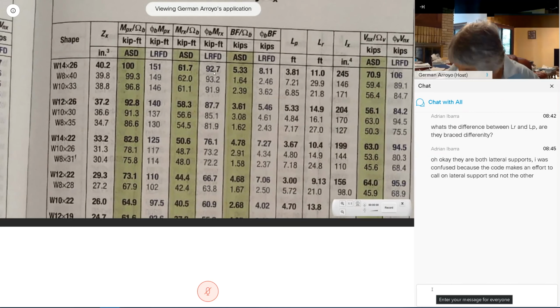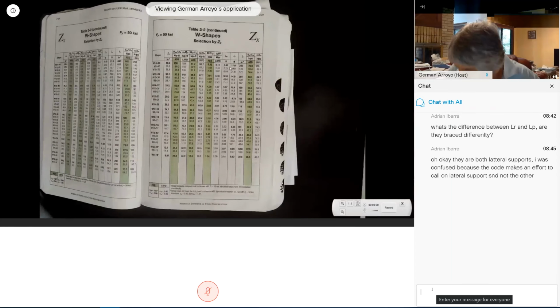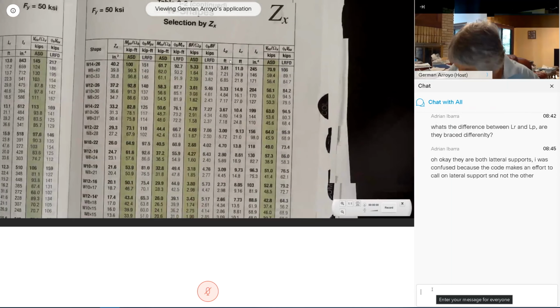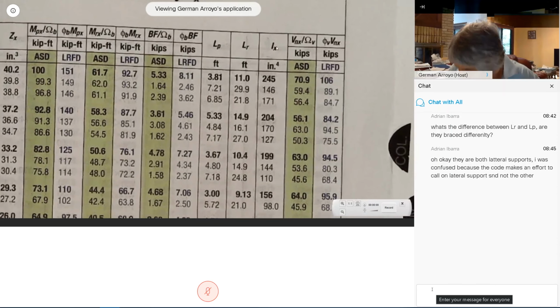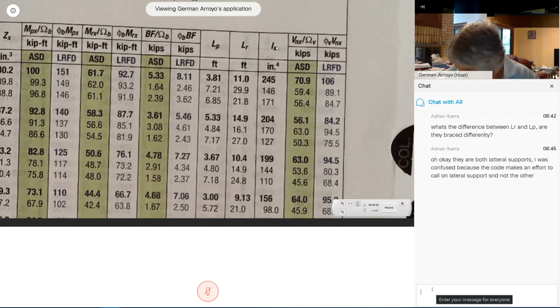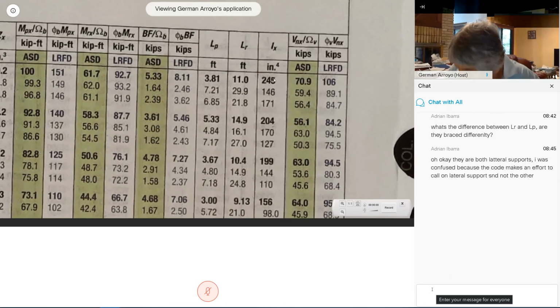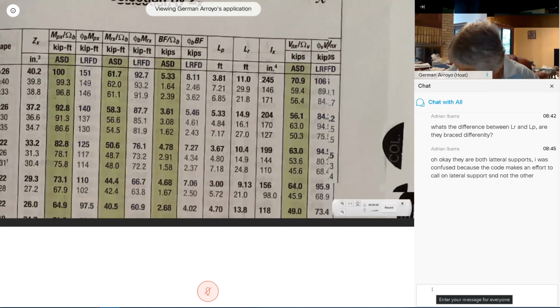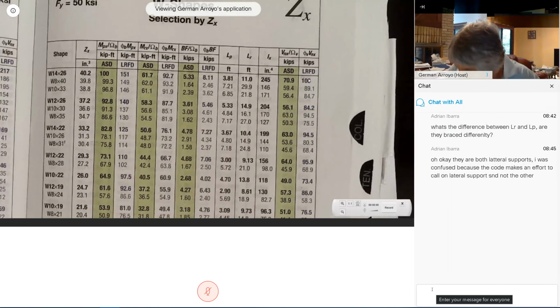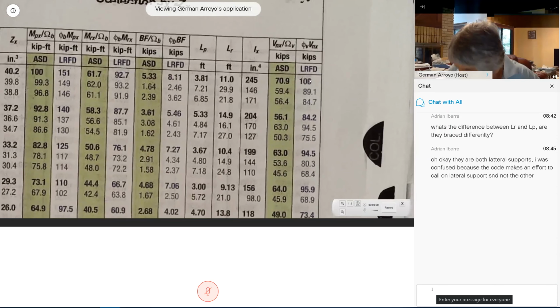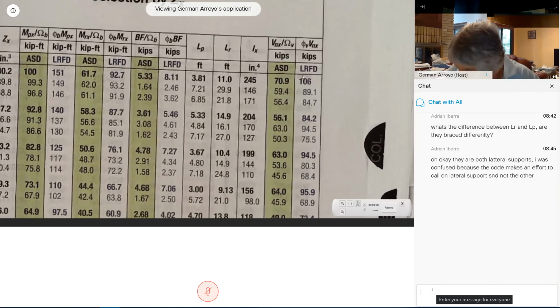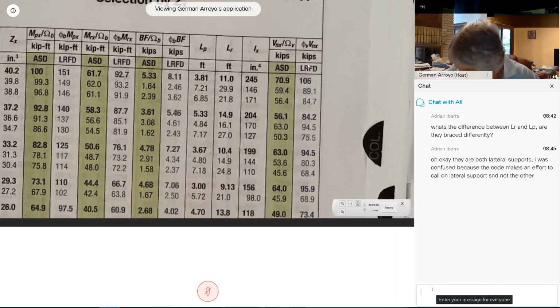And the next value that is important is that L sub P and L sub R in feet have already been computed for you. And I sub X, because we need to compute the deflection, and sometimes we need to compute the section modulus, is given in here. And the other value that is given in here for each section is the shear capacity, or the design shear strength for that section.